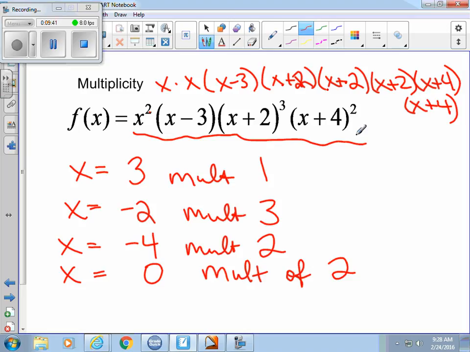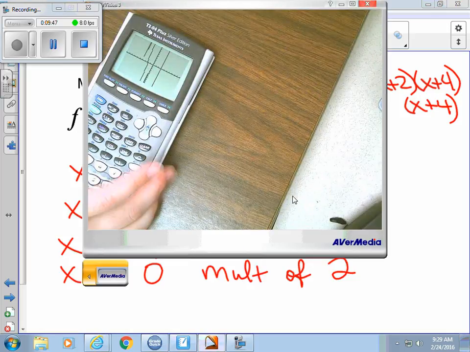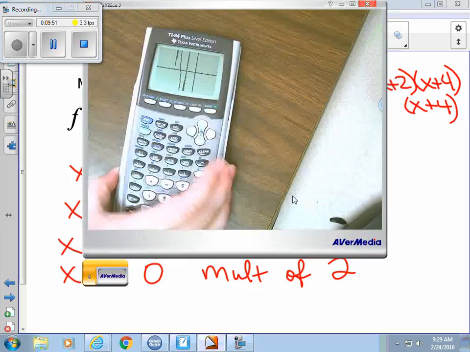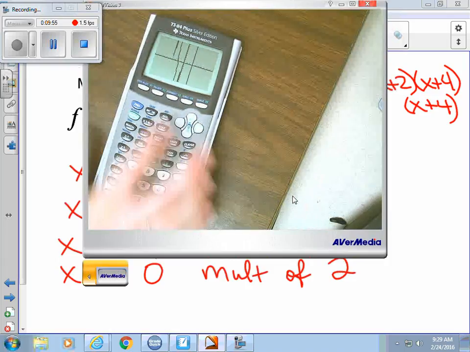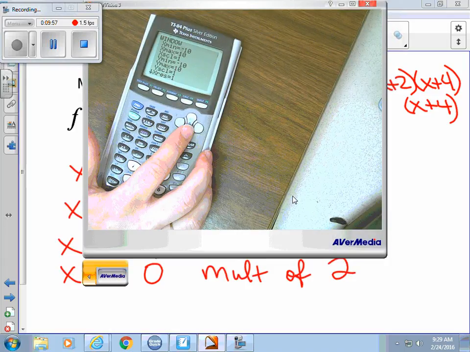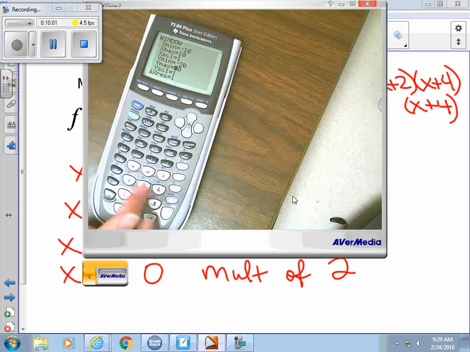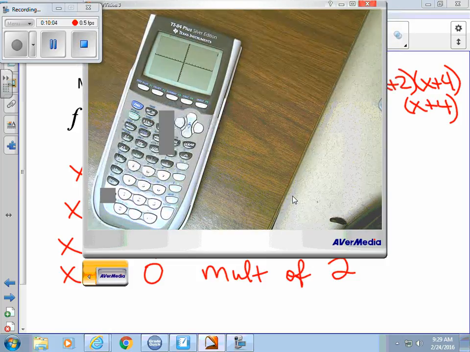All I really want to look at are the zeros of this polynomial. Those are the places where this polynomial hits the x-axis, which is a little bit hard to see.